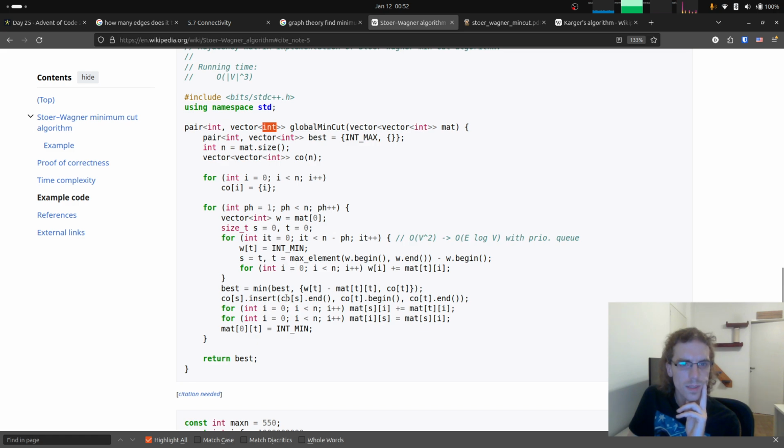When we put things in the best, oh, we have the S and T nodes.